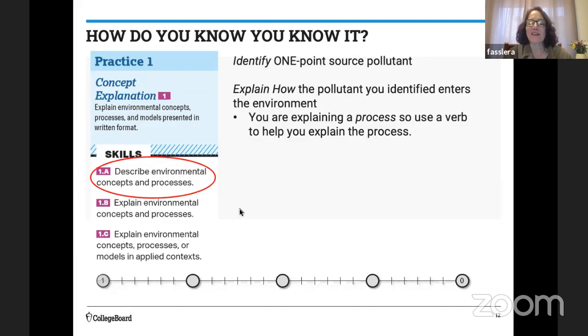I mean, to explain a process requires that I have a verb in there. So I would like you, if you've got some scratch paper, some recycled paper right on the back of a box or something, why don't you just take a minute and see if you can identify from any unit you've just talked about a point source of pollution and explain how that pollutant entered the environment.